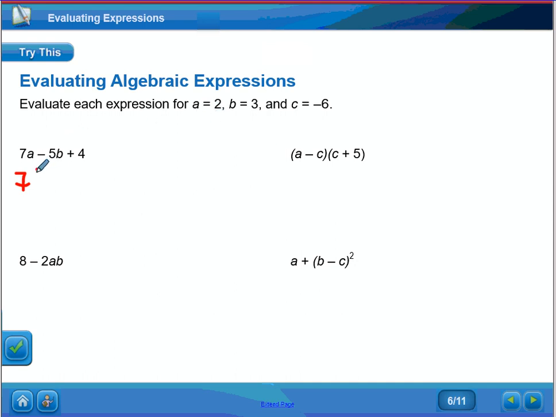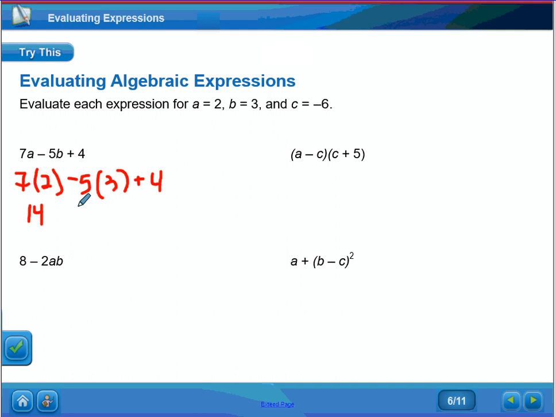So 7 times 2 minus 5 times b. In this case, b is 3, plus 4. Then I'm just going to solve. So I'm going to multiply first. 7 times 2 is 14.